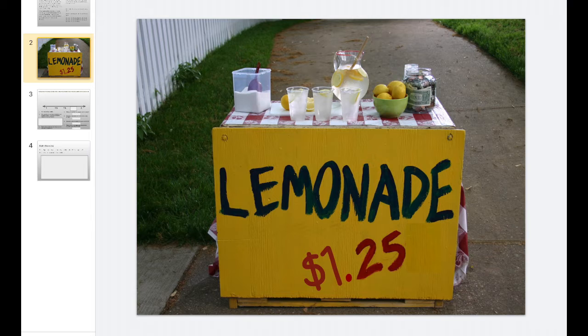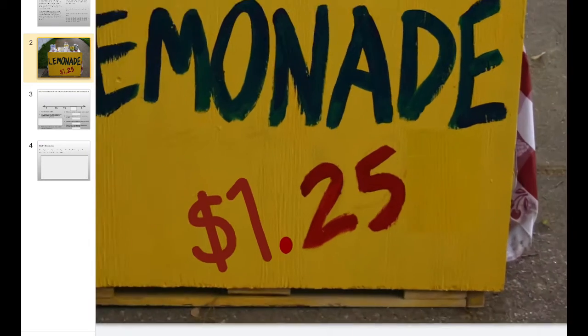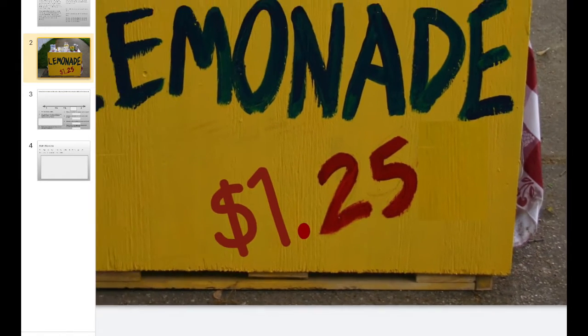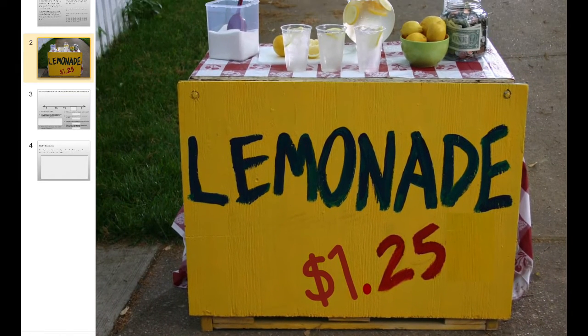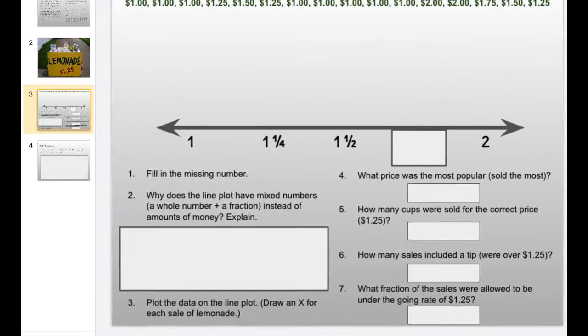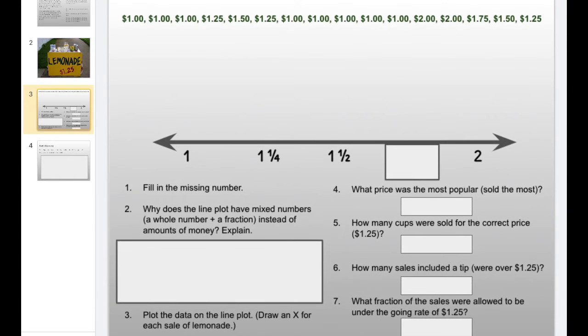What is the problem? Well, the problem in this case is the $1.25 per cup of lemonade, okay? And there are several questions that go along with this problem, and we're going to work on answering those questions right now.